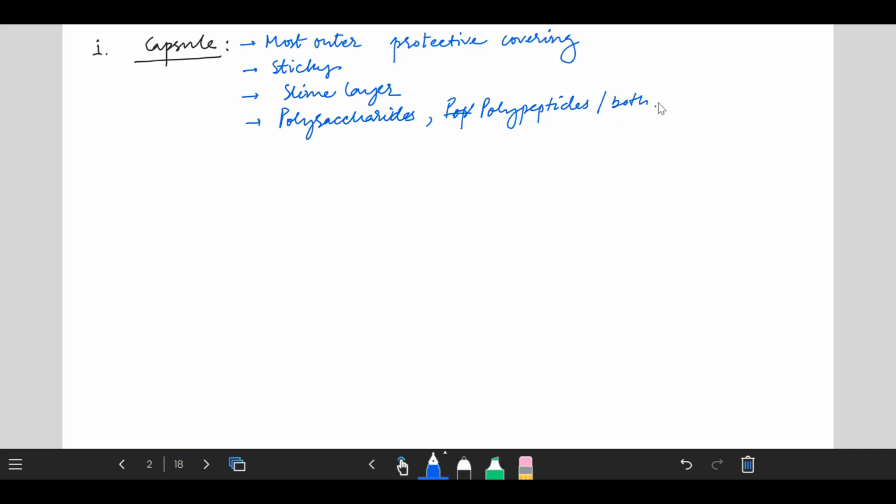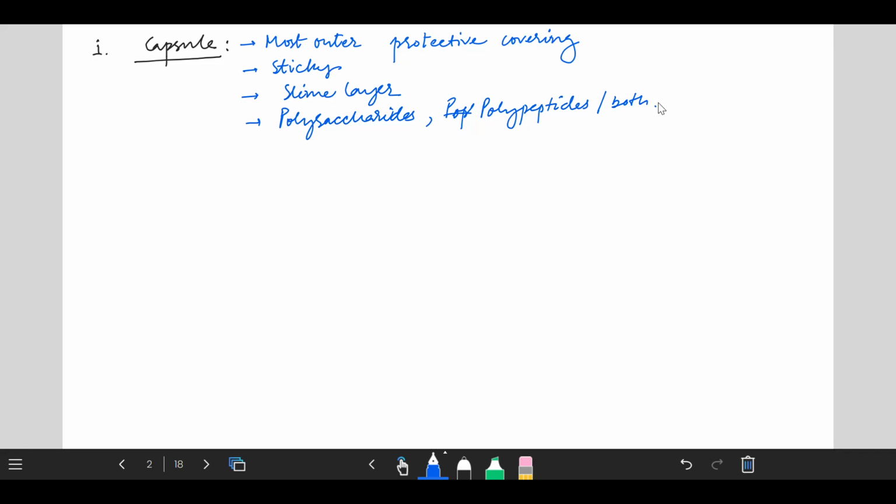Now, we need to be clear about glycocalyx, capsule and slime layer. We have learned about the term glycocalyx. There is a little bit of difference among them. What is glycocalyx? Actually, glycocalyx is the thin, high molecular weight secretory substances or granules that are present on the external part of the cell wall of bacteria.